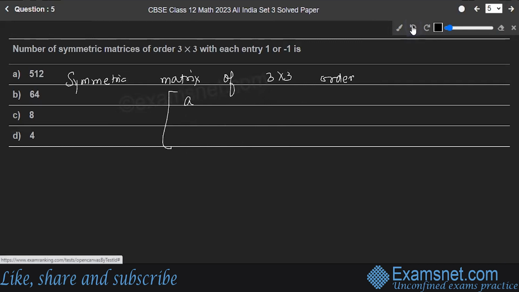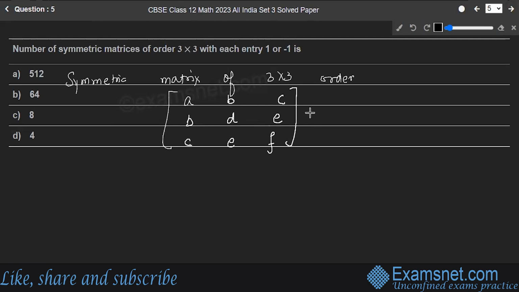This will not be the one. Wait. So I will write it as A, B, C, right? B, C. This is a symmetric matrix. This is A, B, C, A, B, C, right? Then here, if I take D, E, this will be B, D, E because the row and the column, they match each other. And here will be F. So this is the symmetric matrix of 3 by 3 order.